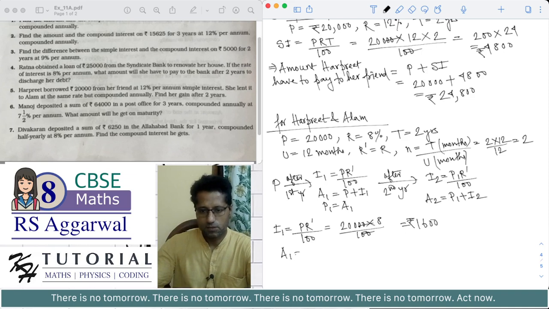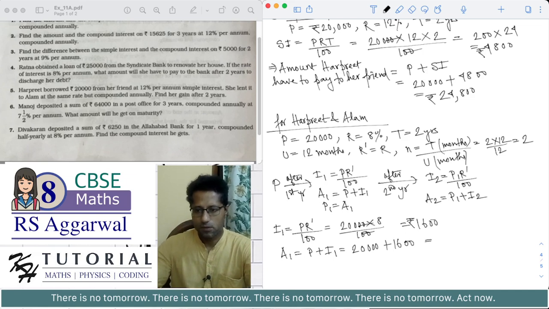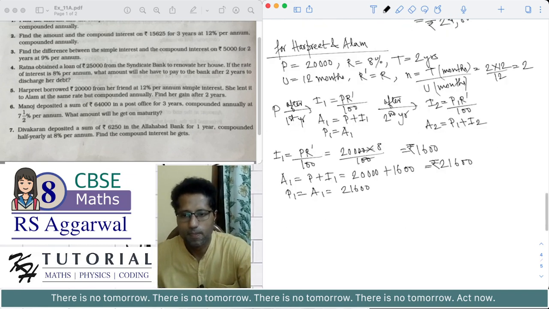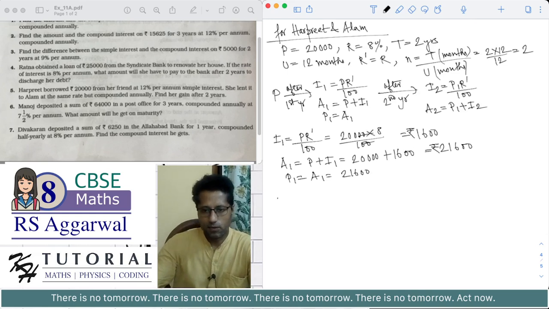A1 is equal to P plus I1, which is equal to 20,000 plus 1600, which is equal to 21600. And P1 is also equal to A1, which is 21600.